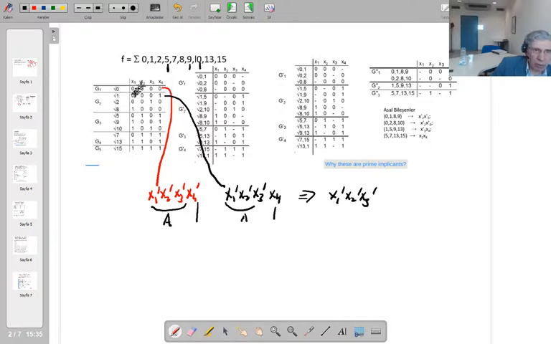Example, this one is x1 prime, x2 prime, x3 prime, x4 prime. That's the 0 minterm. If you choose 5, it is x1 prime, x2, x3 prime, x4. So that's 5, 0, 1, 0, 1.